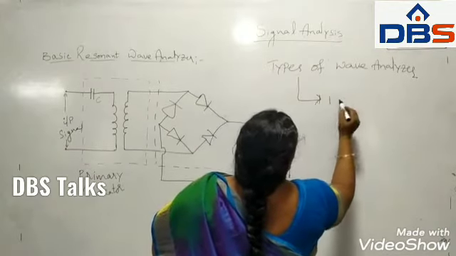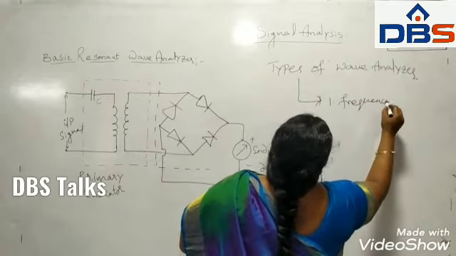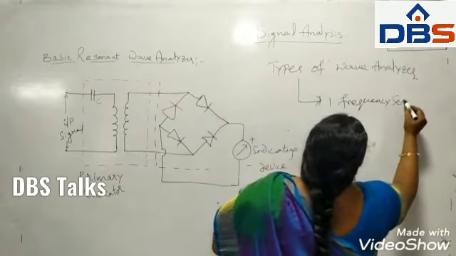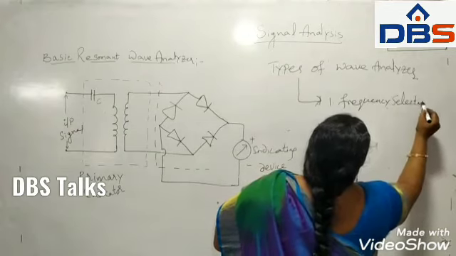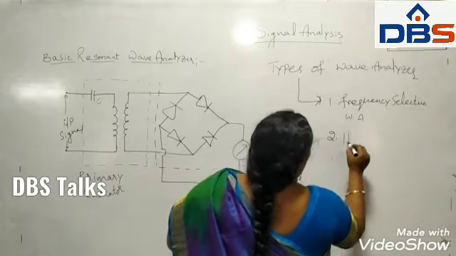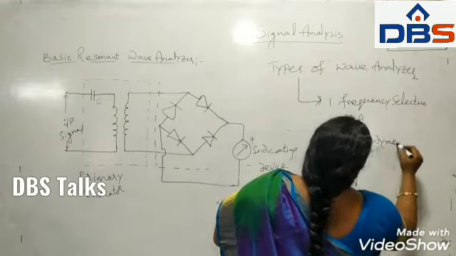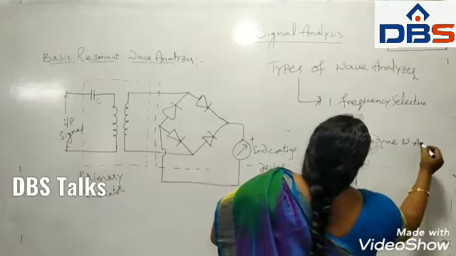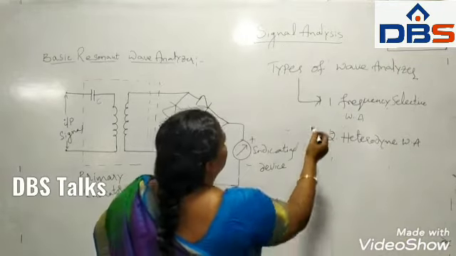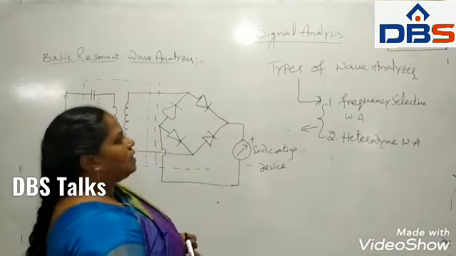The first one is the frequency selective wave analyzer, and the second one is the heterodyne wave analyzer. These two are considered the classification of the wave analyzer.